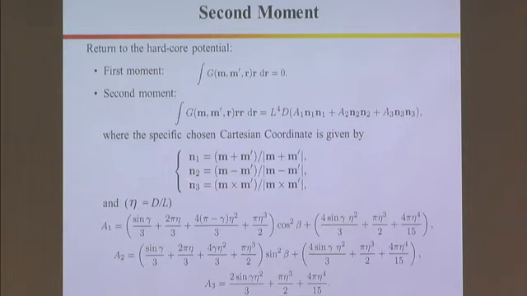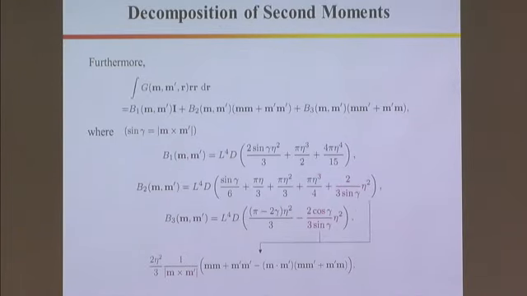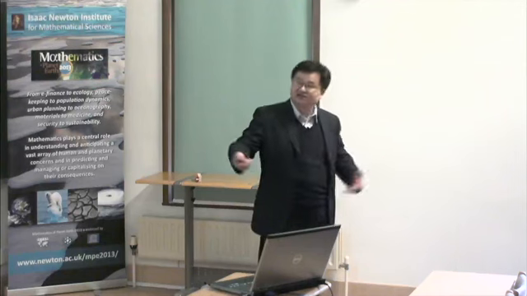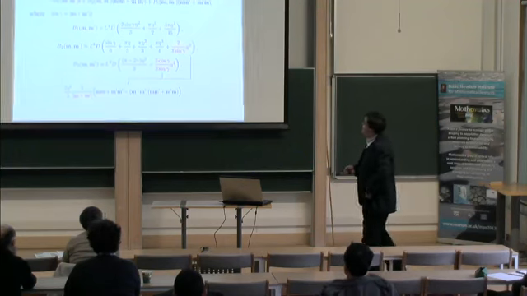But A1, A2, A3 is not a good formula, so you have to change it this way, changing it to the M. Now you change to M, you can also get B1, B2, B3, but now sin gamma is here. It's bad. But these two terms are like this way. This is a good term, but separately you see this is a bad term. Actually, this is like a bigger potential.